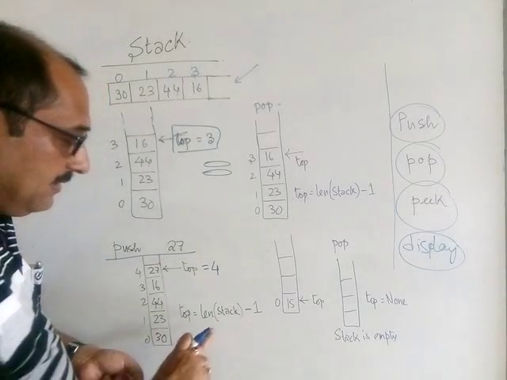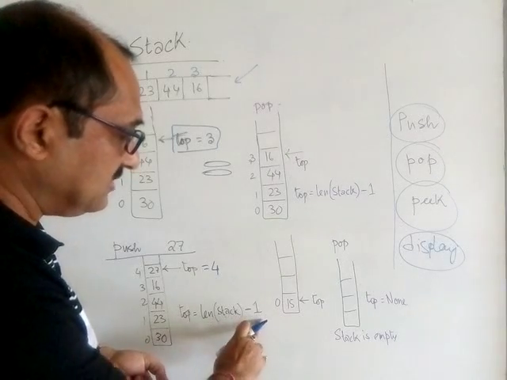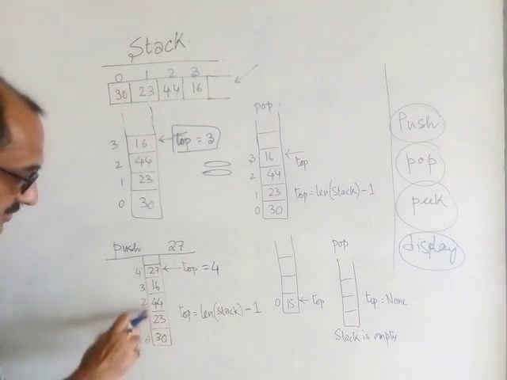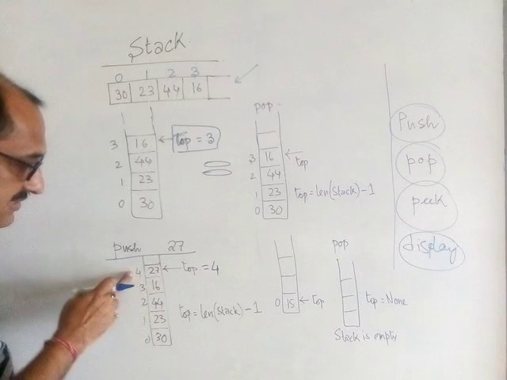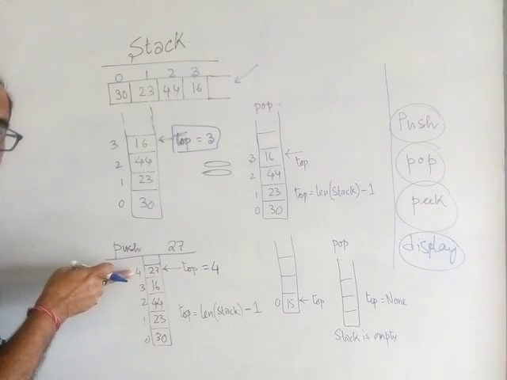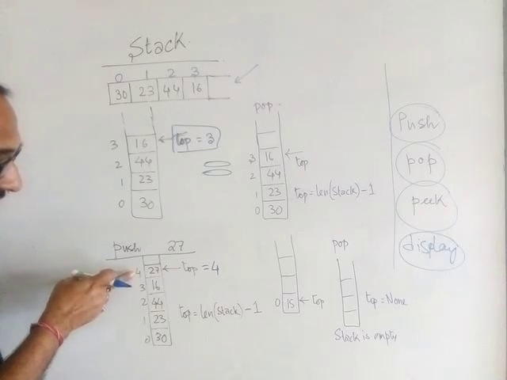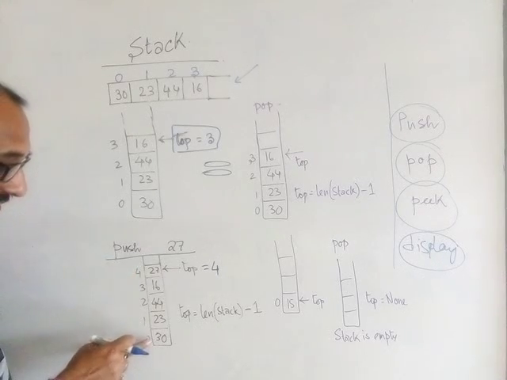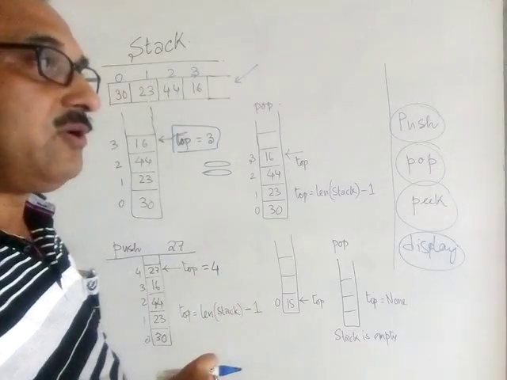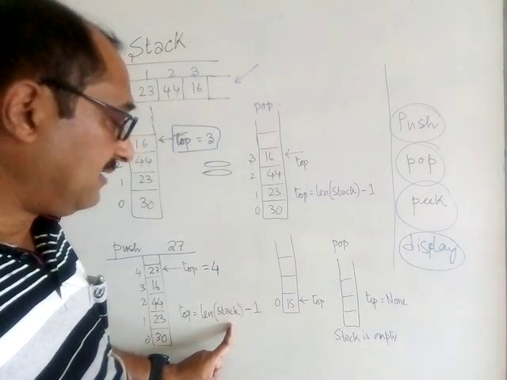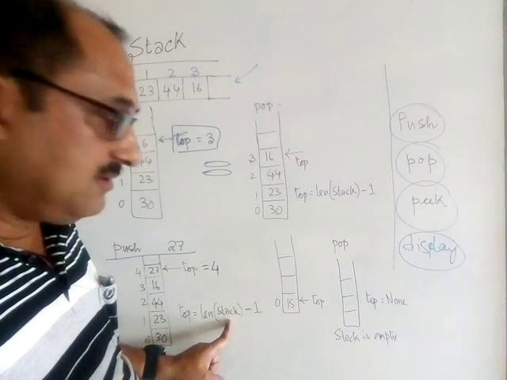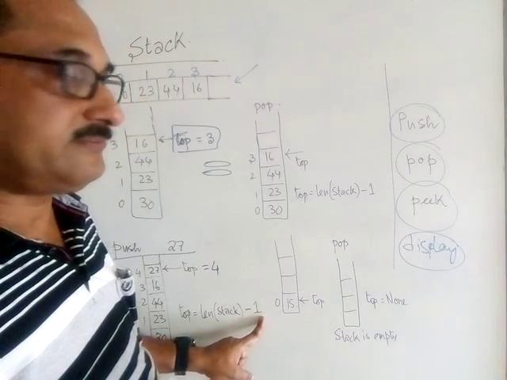Not a problem. So length of stack minus 1. So length is what? 1, 2, 3, 4, 5. So obviously top will be 1 less than that. So top is equal to 4. When my length was 5, look at this very carefully, my top was at 4 because I started counting from 0. So top will always be obtained by length of stack, where stack is the name of the list, minus 1.